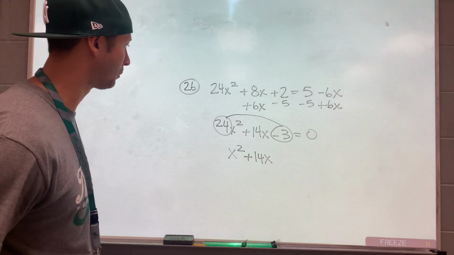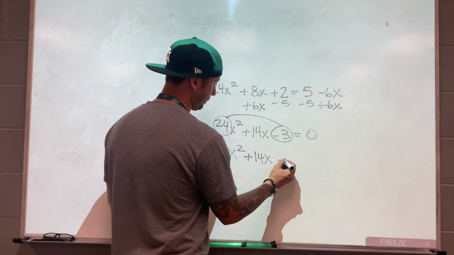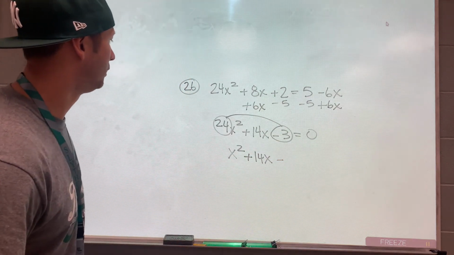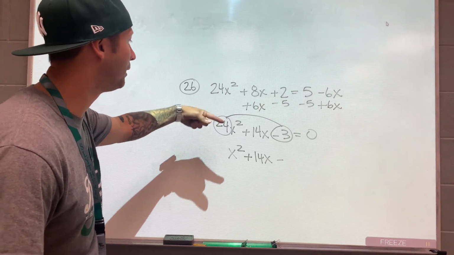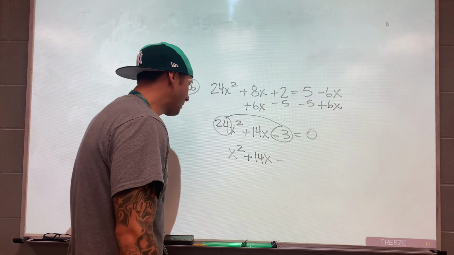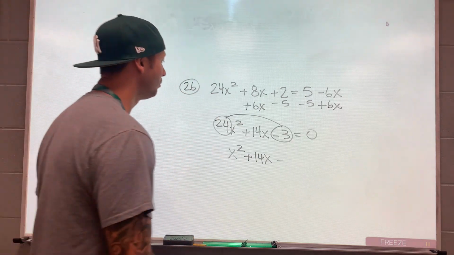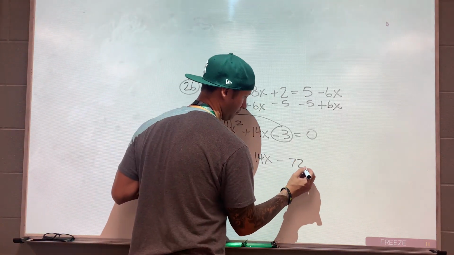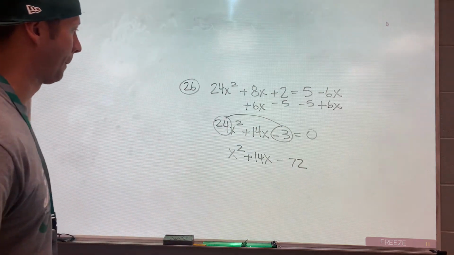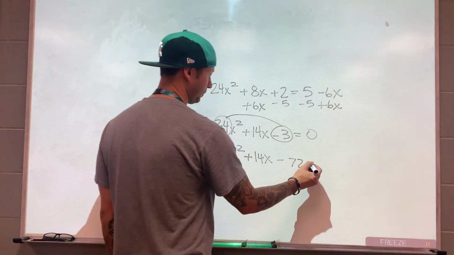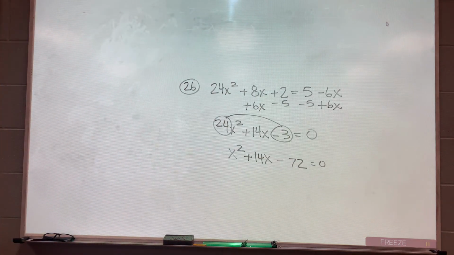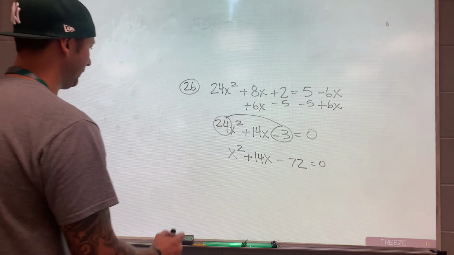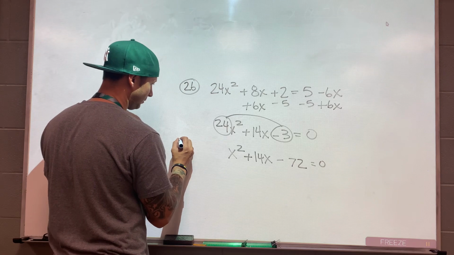I have to write slower because the marker's running out. This is going to be negative. So 25 times 3 would be 75, but minus 3 would be 72. Equals 0. Okay. What numbers multiply to make 72? 9 and 8.